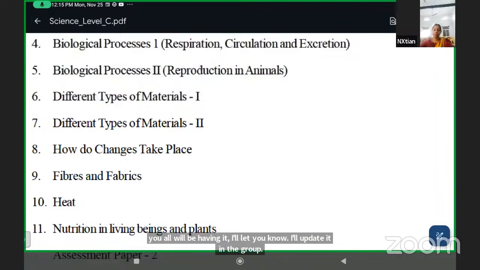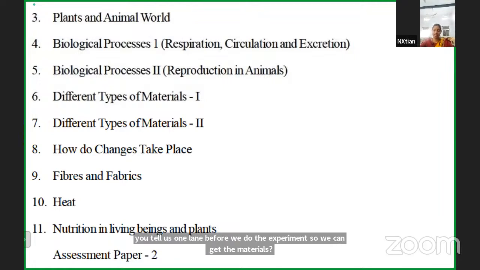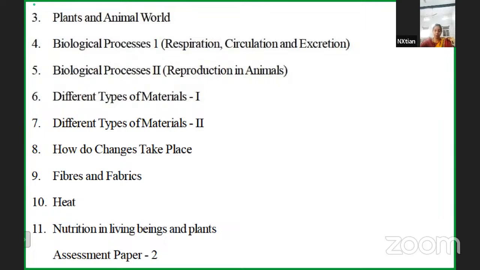When we are doing the experiment, ma'am, if we are doing it, could you tell us one day before we do the experiment so we can get the materials? Yes, Abraham, I'll tell you all the details about the experiment. If we plan to do an experiment, I'll let you know a day before or 2 days before.